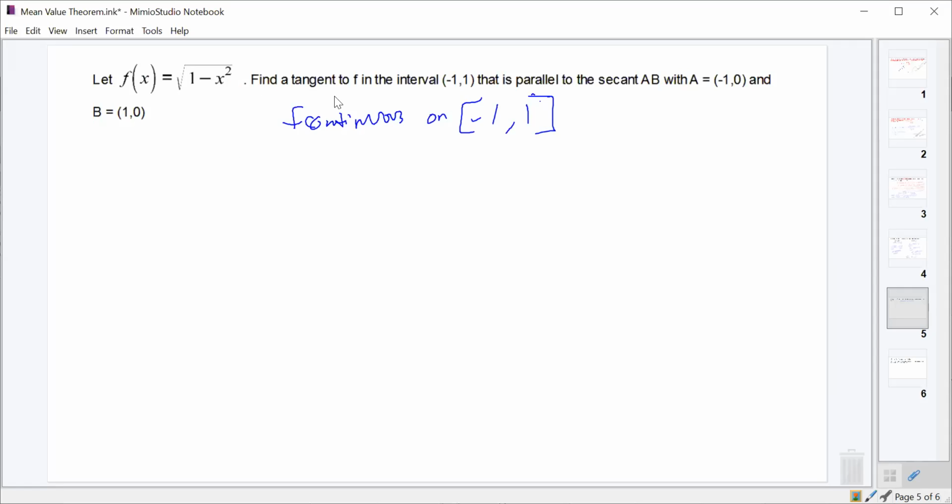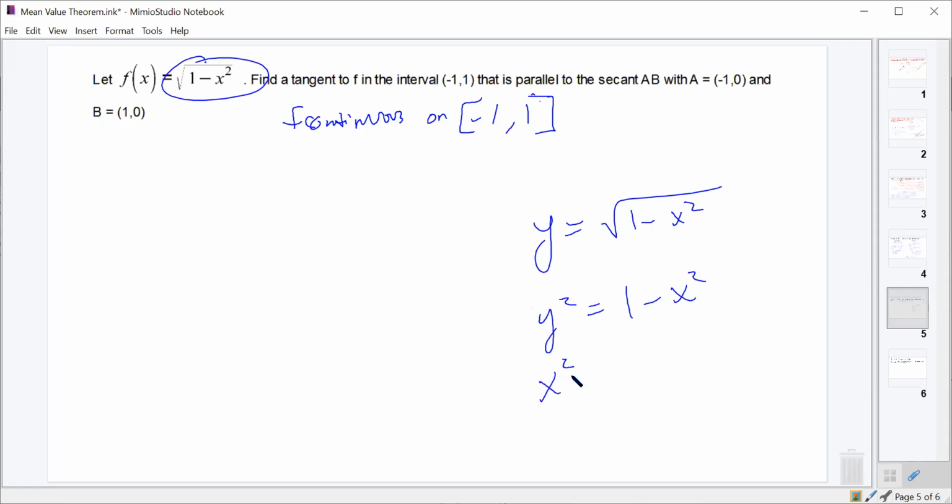Root 1 minus x squared. This is a graph you guys should all, if you don't know it now, you should know what this graph looks like, or root 4 minus x squared, or root 9 minus x squared. Suppose I write this as y equals root 1 minus x squared, and I just get rid of the square root. That'd make this y squared equals 1 minus x squared, or x squared plus y squared equals 1.